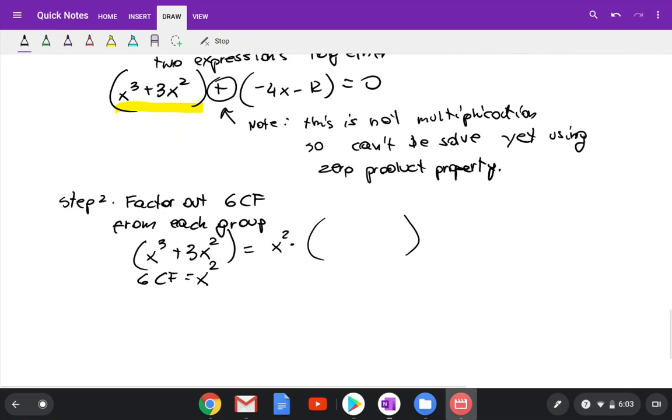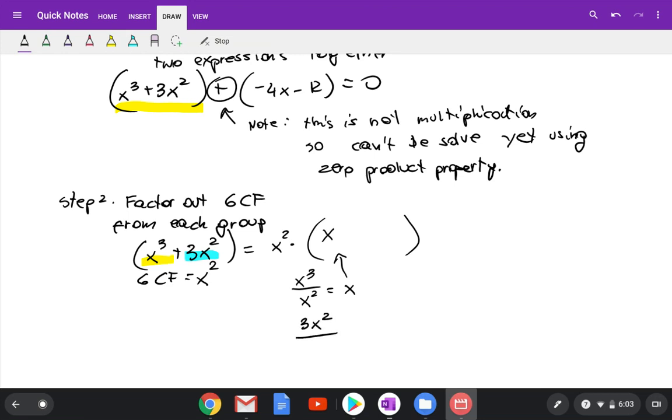We factor out, and how you find the expression which will be in the parenthesis, you take the first expression, which is x to the third power, and you divide that by GCF, which is x squared, and you end up with x. Then you take the second original expression, which is 3x squared.